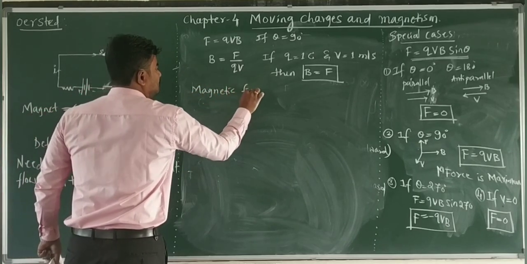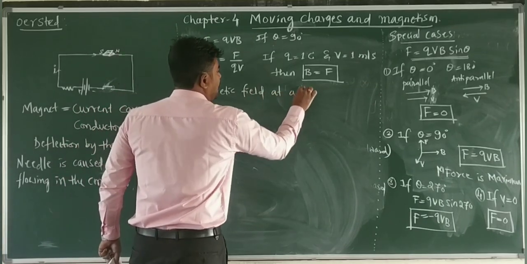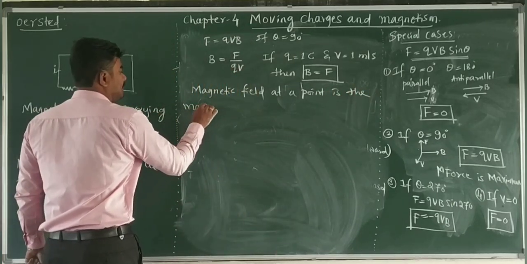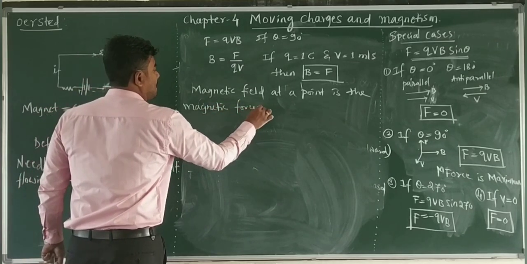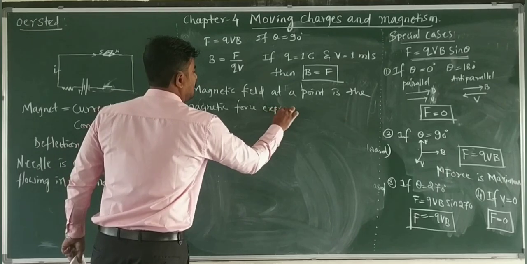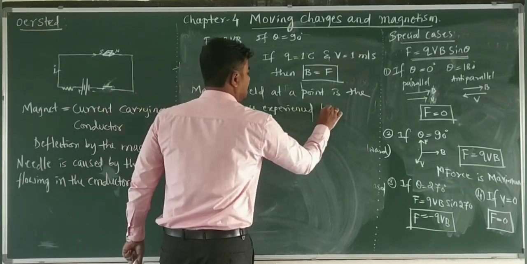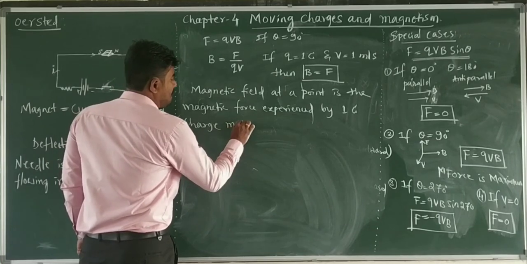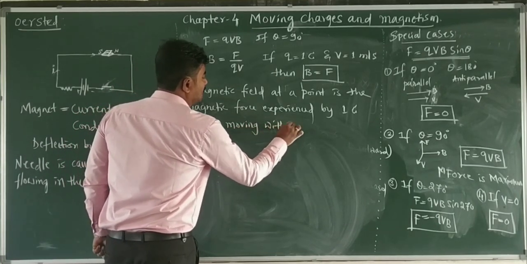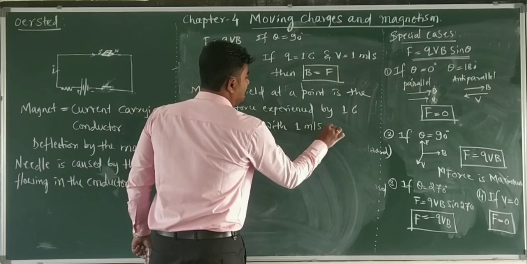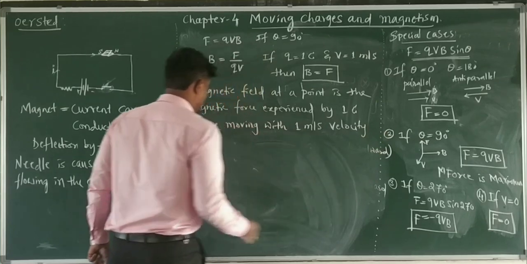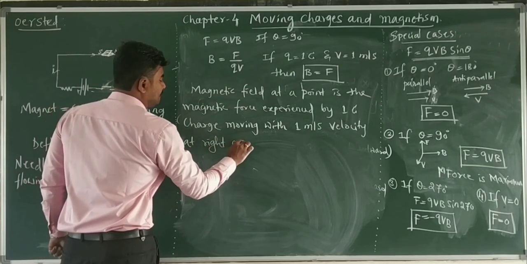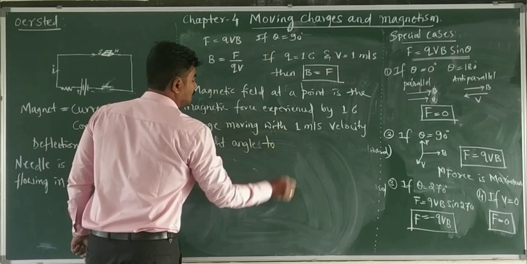Magnetic field at a point is the magnetic force experienced by 1 coulomb charge moving with 1 meter per second velocity, at, see here, theta is equal to 90 degrees there, therefore at right angles to each other.